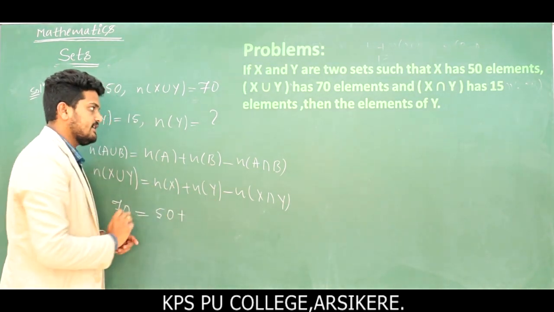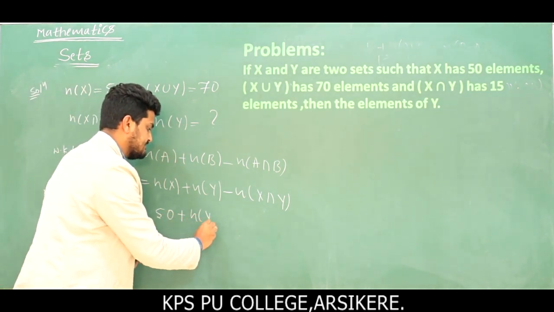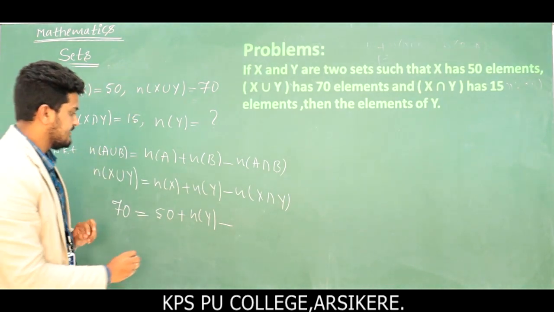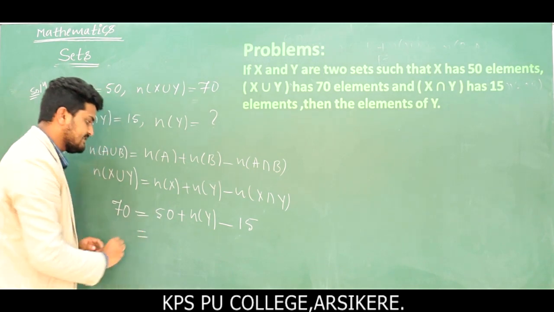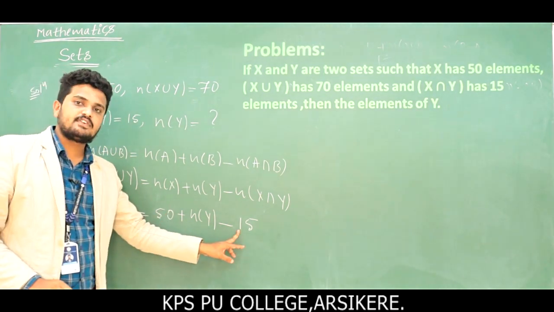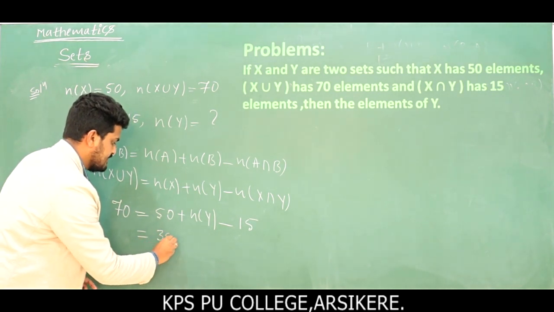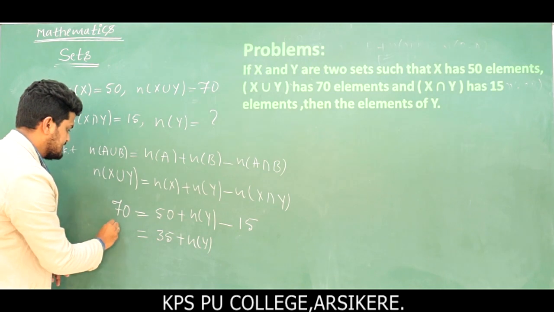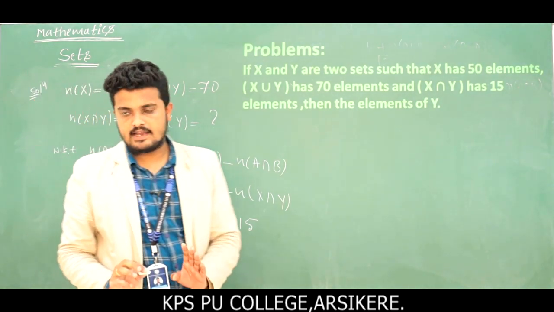So n of y, we have to find the n of y value. Write n of y as n of x union y minus n of x intersection y, minus 15. So 50 minus 15 is 35, plus n of y, which is equal to 70. But I want to find the n of y value.